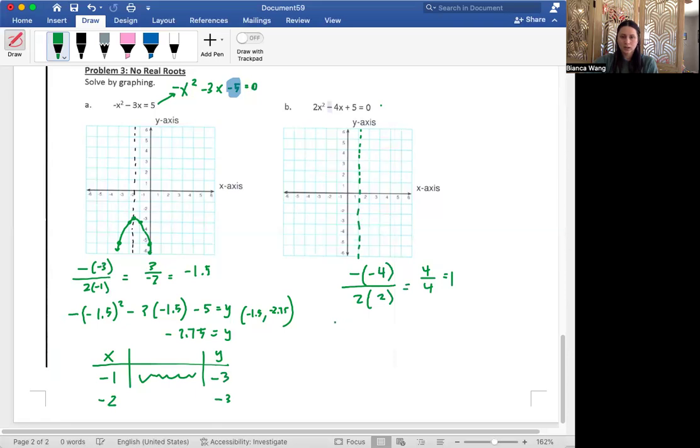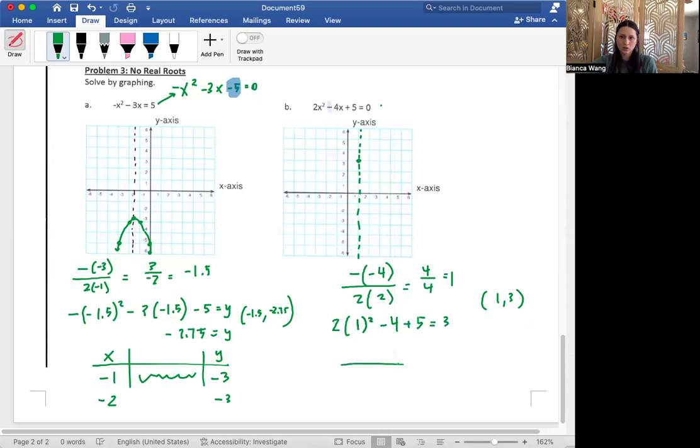And then let's write our equation: 2 times 1 squared minus 4 times 1, which is 4, plus 5. And 2 times 1 is 2. 2 minus 4 plus 5 is positive 3. So my vertex is at 1, positive 3.